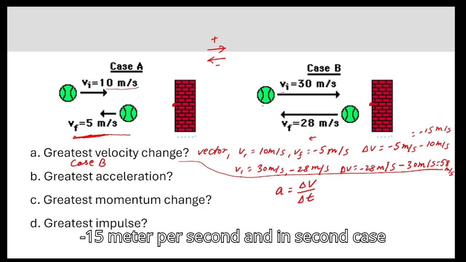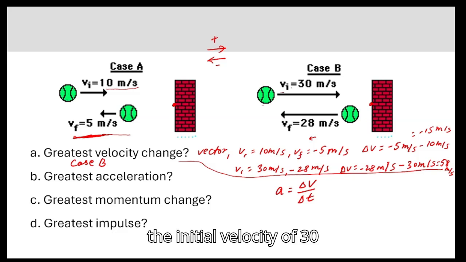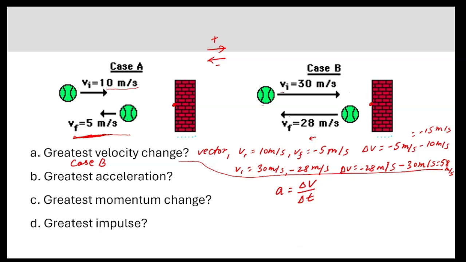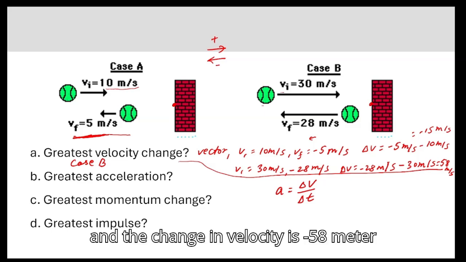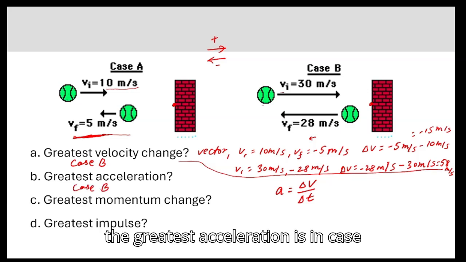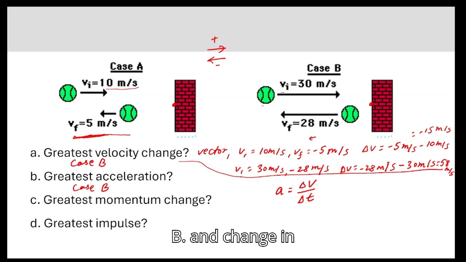And in the second case the initial velocity of 30 meters per second changed to minus 28 meters per second, and the change in velocity is minus 58 meters per second. That means the greatest acceleration is in case B.